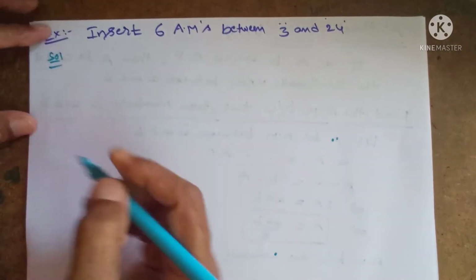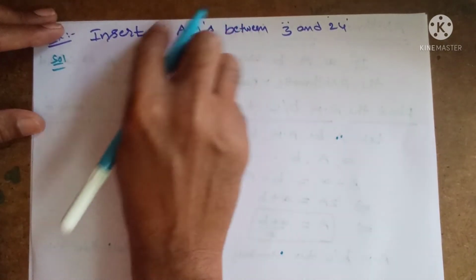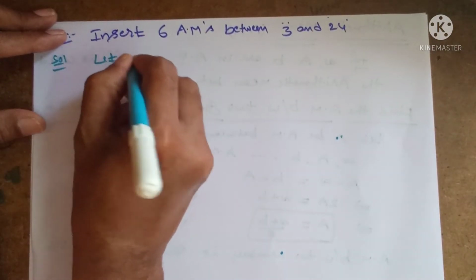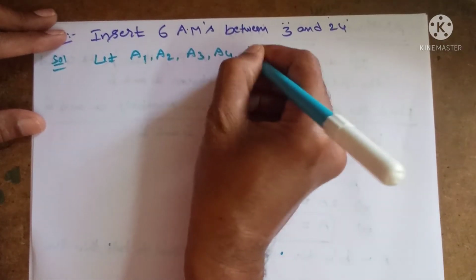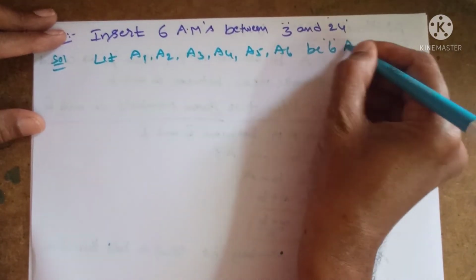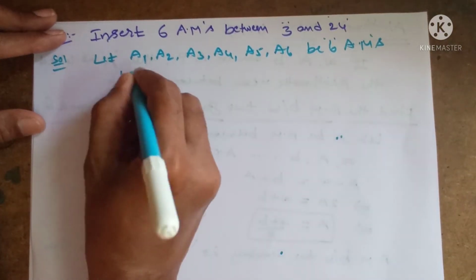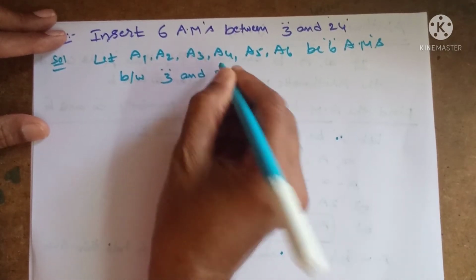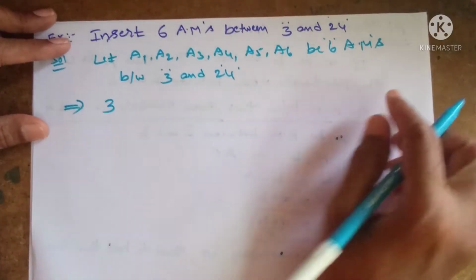Solution. Suppose we are taking 6 AMs. We are inserting 6 AMs between these two numbers 3 and 24. Let A1, A2, A3, A4, A5, A6 be 6 AMs between 3 and 24. That means 3, 24.